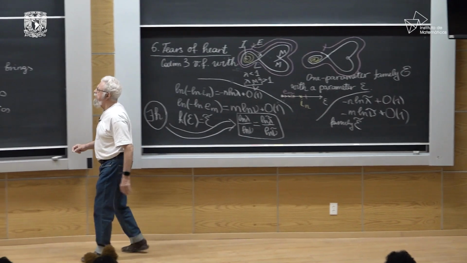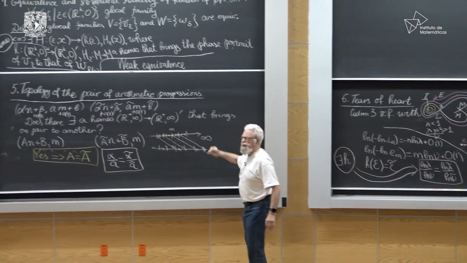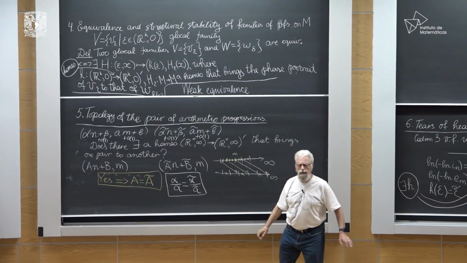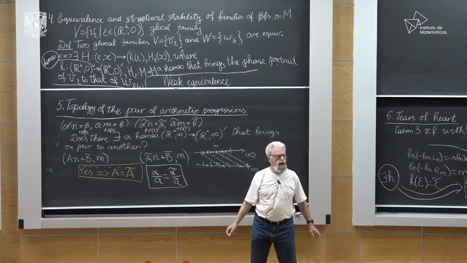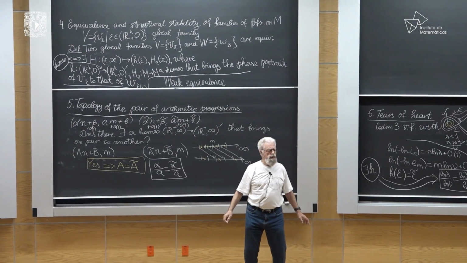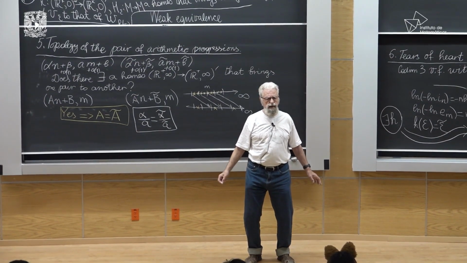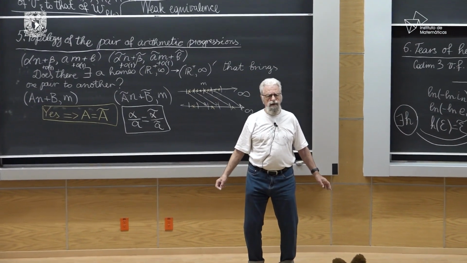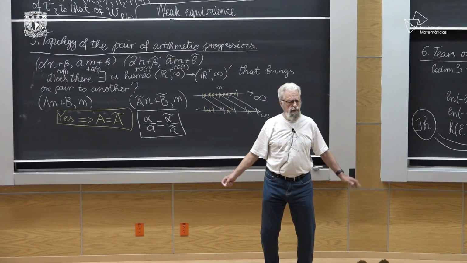I put here structural stability in the title, but I forgot to say about structural stability. But I think you guess what I mean. A family is structurally stable if it is equivalent to any nearby family in a suitable functional space.